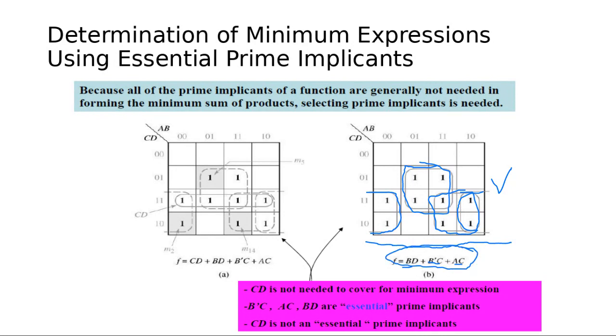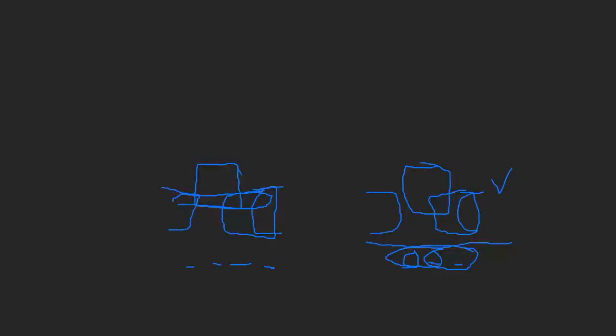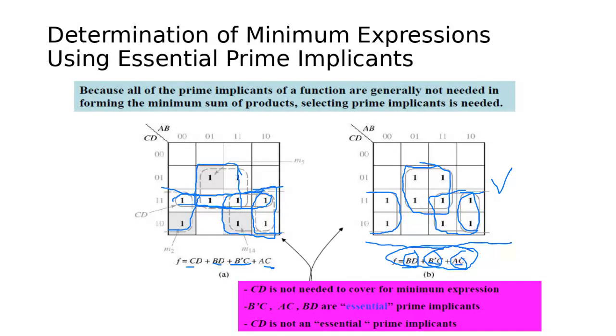But this is kind of complex. You can get this one, also this one, 2, also this one, 3, also this one, 4. You have 4 expressions. In here you have 3. Only 3. This is the simplest.